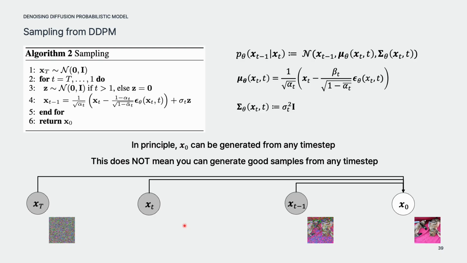However, this does not mean you can generate good samples from any time step without gradually denoising. This is because during DDPM training, we train over latents from different time steps from t equals 1 to large T. And skipping time steps won't be beneficial for sampling because some valuable information might be hidden in the latents of those skipped time steps.